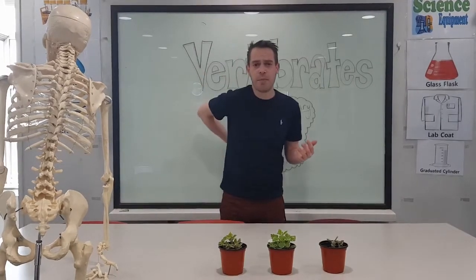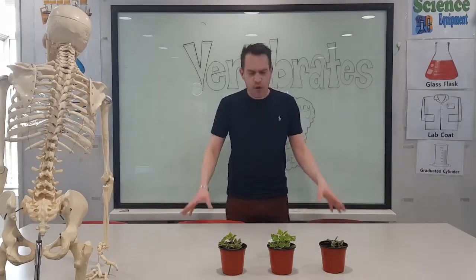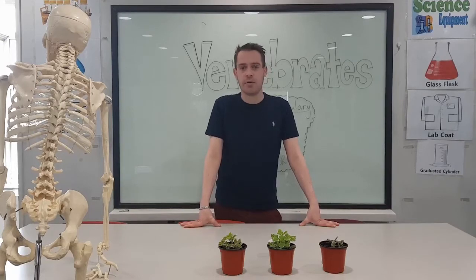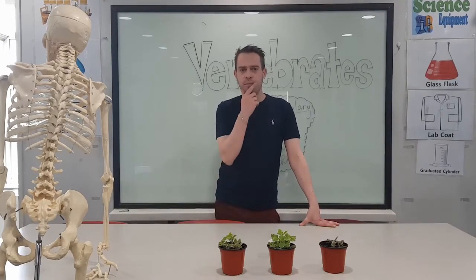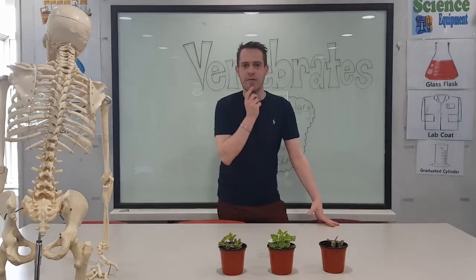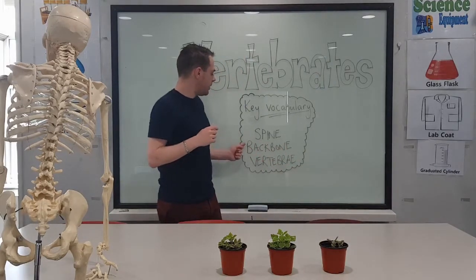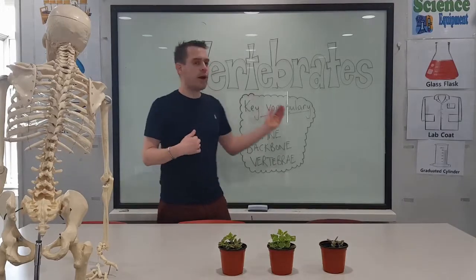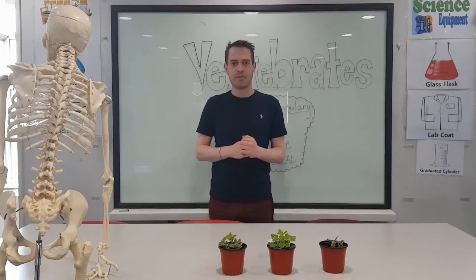Can you feel that lumpy part up and down? The question is, why do we have that? And why do other animals have that? Why do you think that we have a spine, backbone, or vertebrae? Why are we also vertebrates with other animals?